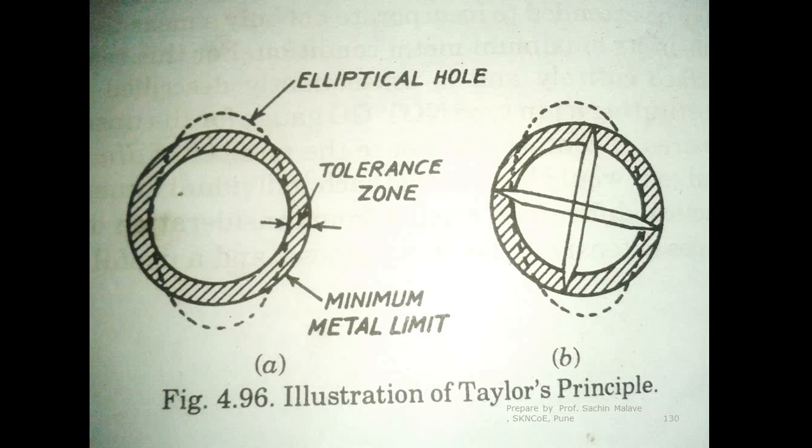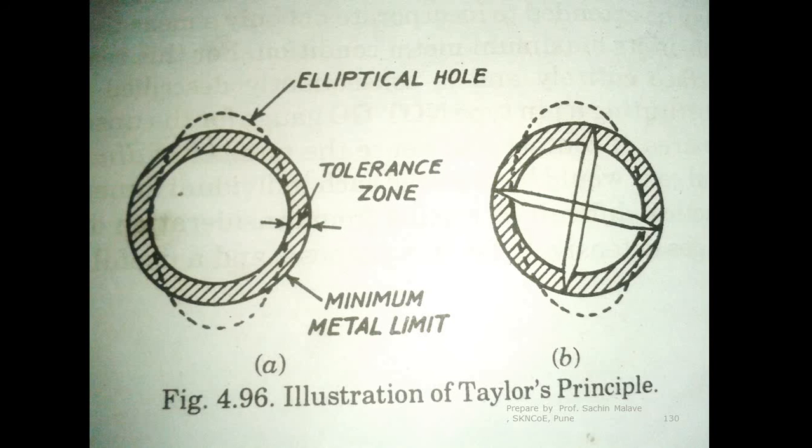Now let us say that there are two possible conditions, two possible sizes. We know that this inner circle represents the minimum size of the hole. This is the hole to be tested.